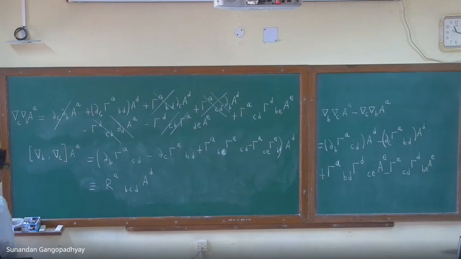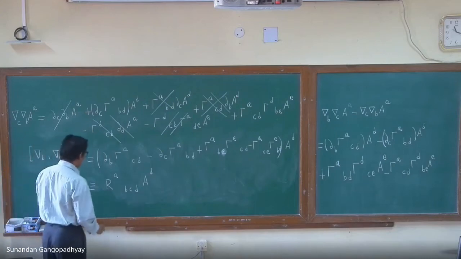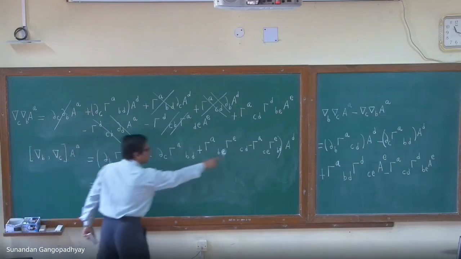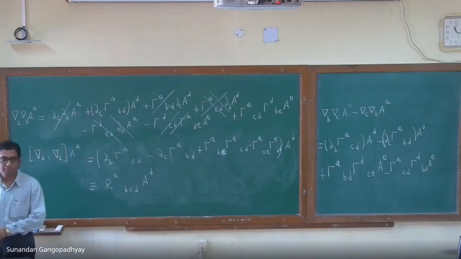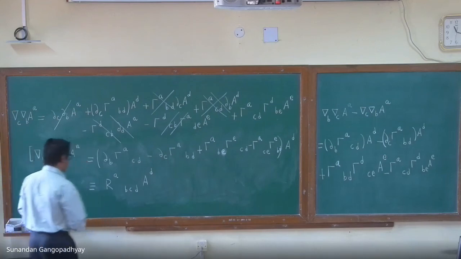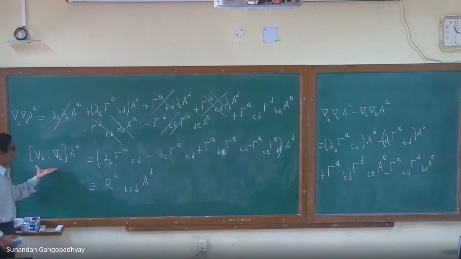So what we have done is we have called this term inside the bracket some quantity, which is this. What is important is that this is a covariant derivative. This is a tensor of rank 1, a contravariant vector, so this thing transforms covariantly.